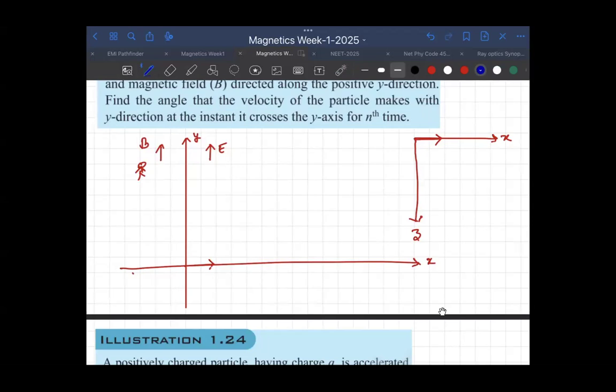Central finger along x-axis, four fingers along y-axis, thumb is now along z-axis, left hand. Automatically this happens.